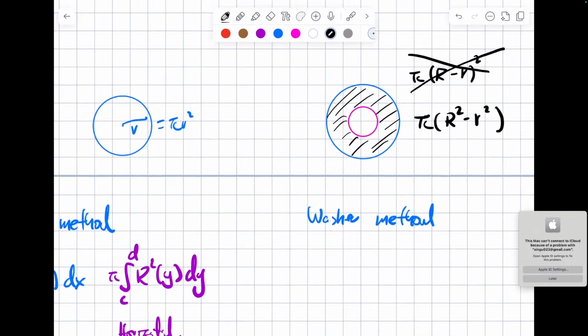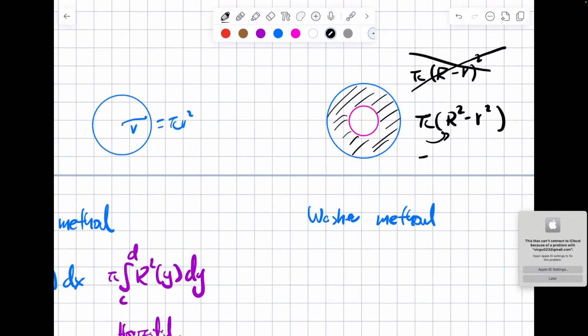Because essentially, if you distribute it, it's gonna be pi R squared minus pi r squared, which is the area of the empty circle subtracted from the area of the bigger circle. And this will be a correct way to approach this.